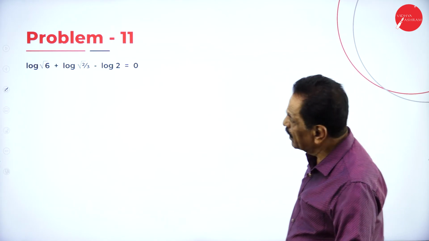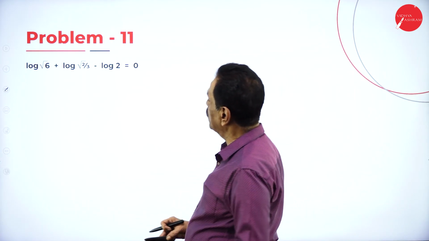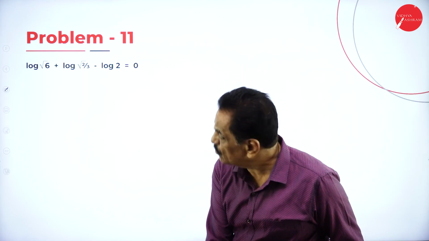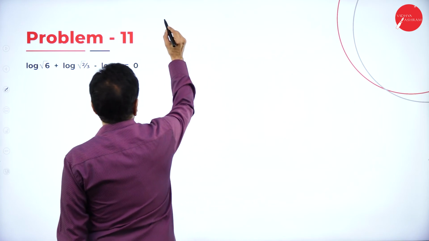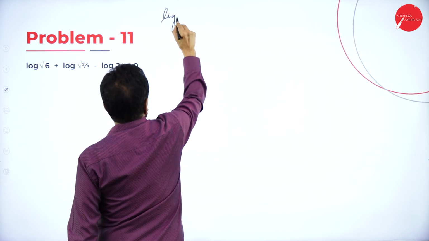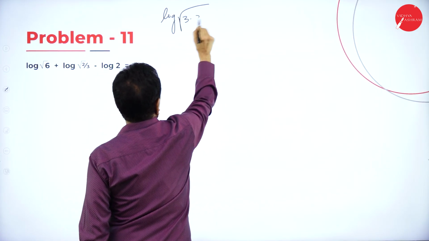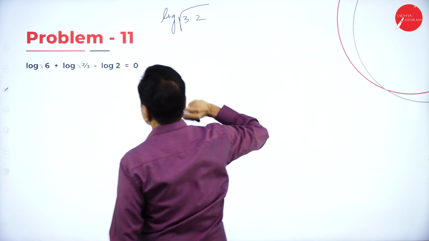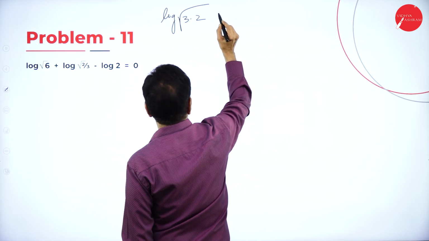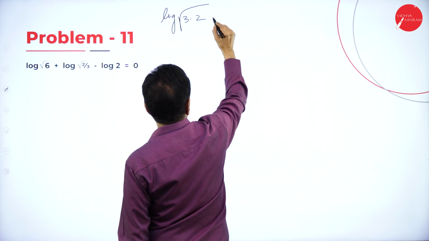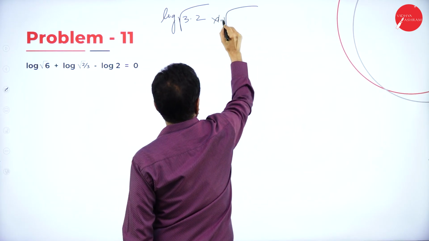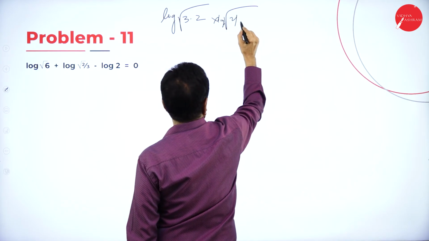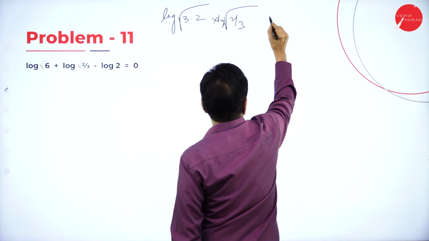Log root 6. So this can be written as log root 3 into 2 plus log root 2 divided by 3 minus log 2.